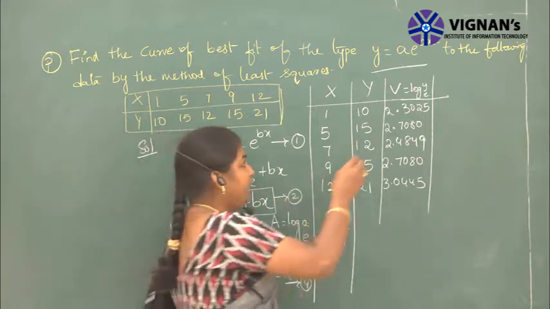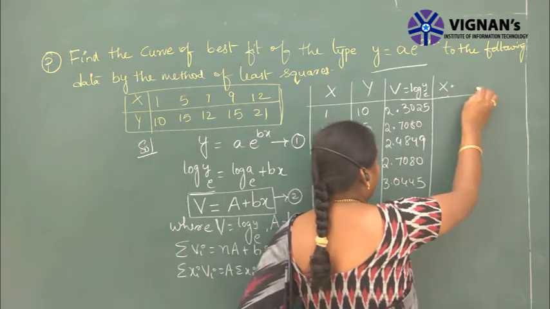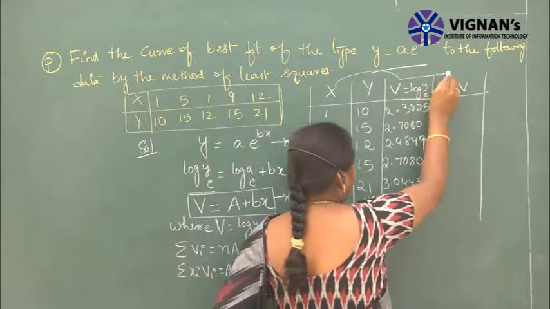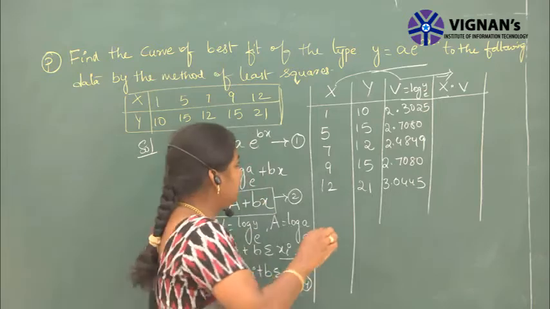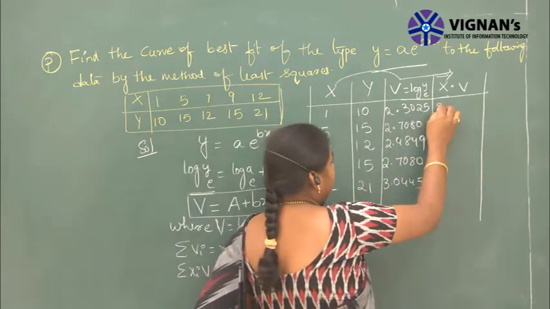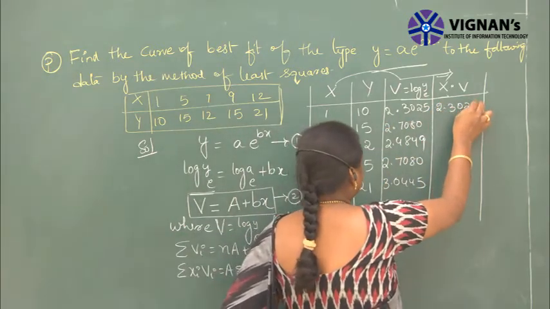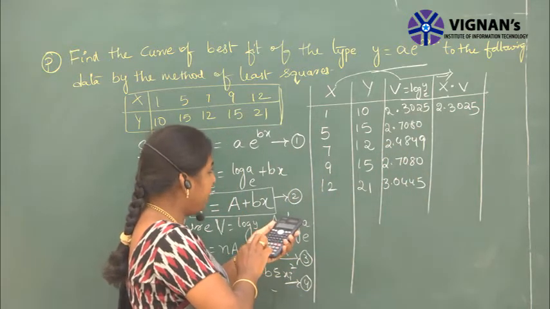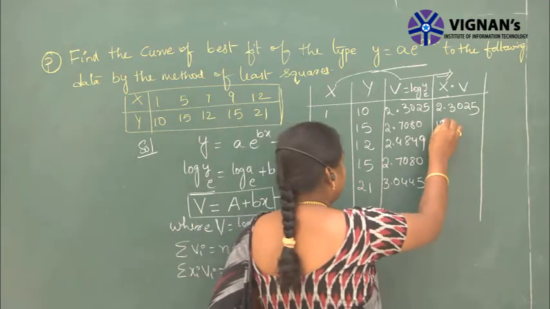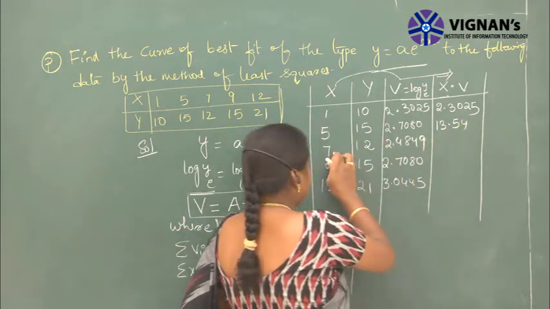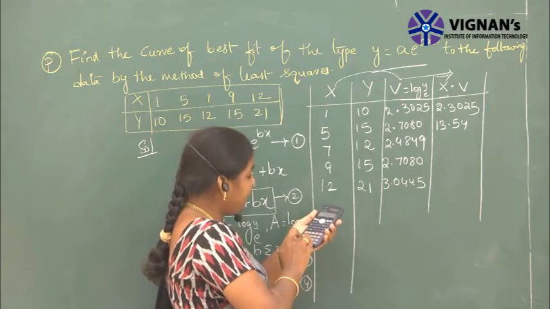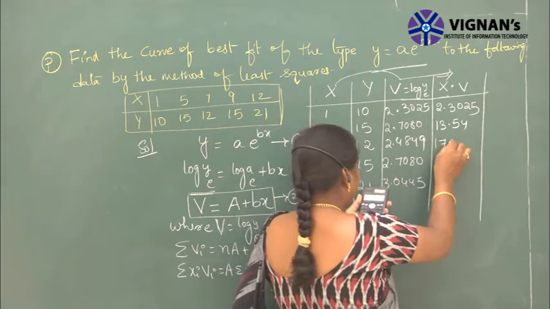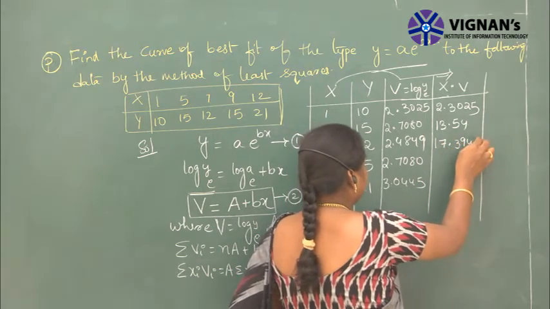So next we are finding x into V, that means we multiply x with V. So that is 1 into 2.3025, which is 2.3025. 5 into 2.7080, we get 13.54. Next, 7 into 2.4849 is equal to 17.3943.